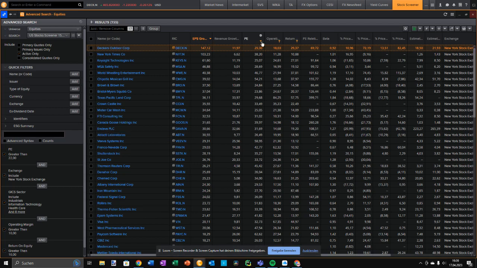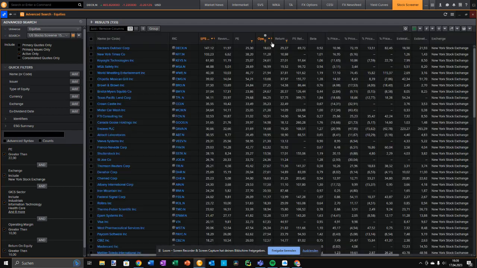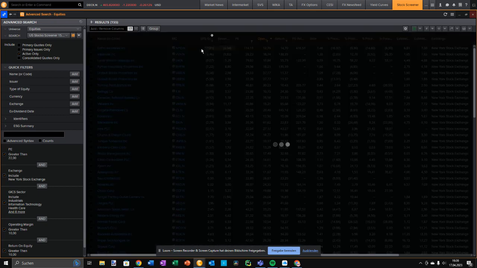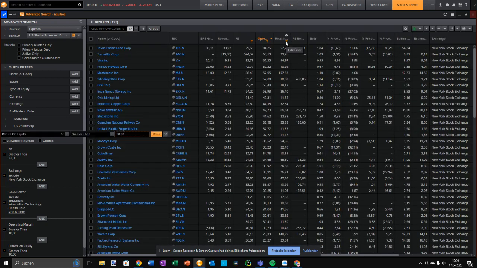Let's see. As I said, a PE ratio must be higher than 22. Operating margins, I think it's over 10. Yes, here greater than 10. Now I messed up, I don't know how it's called, the ranking, I think. Okay, let's just leave it there. Then we have the return on equity.